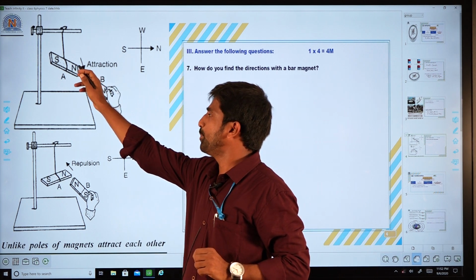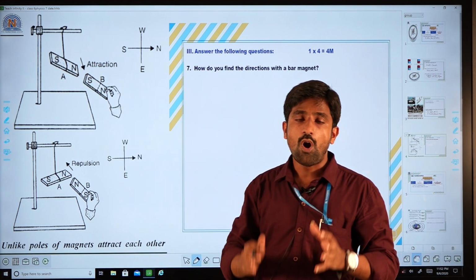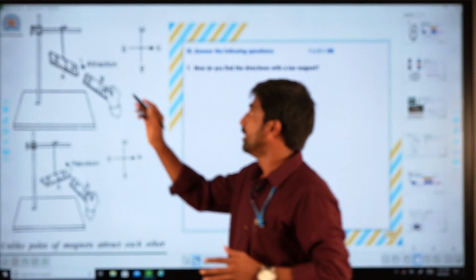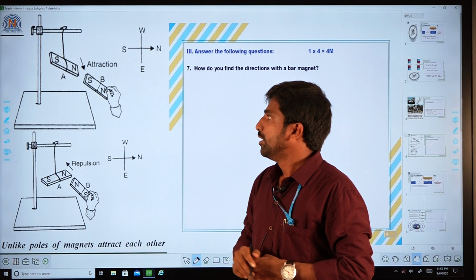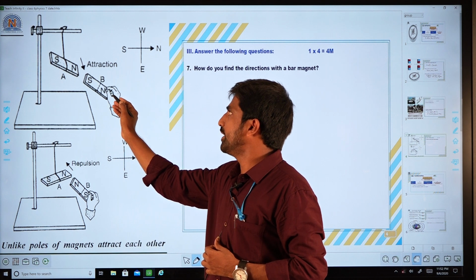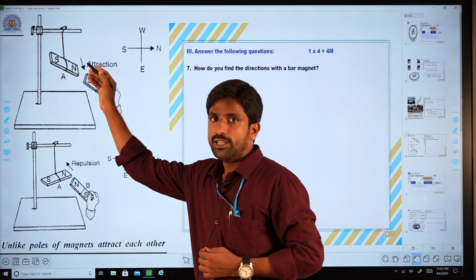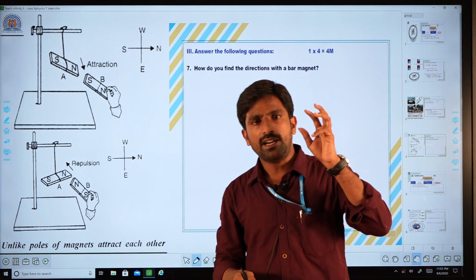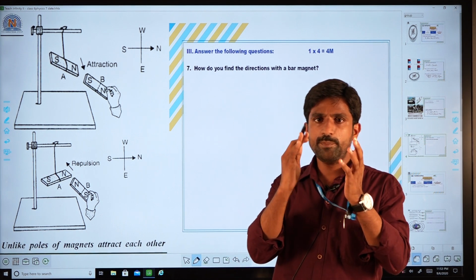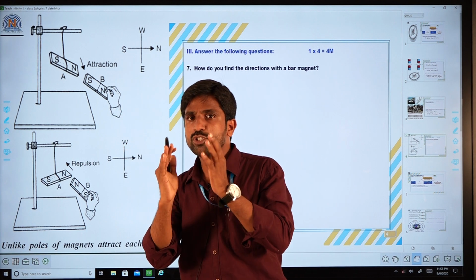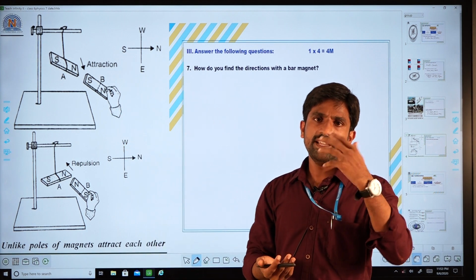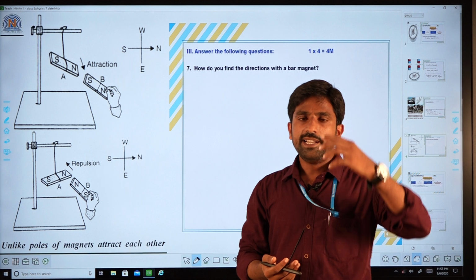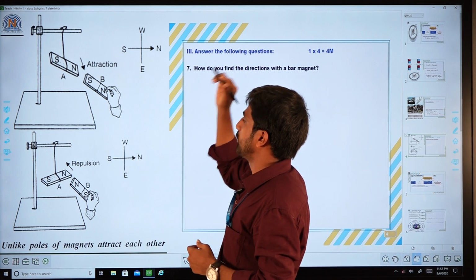The freely suspended bar magnet always shows the north and south direction. If you take another bar magnet and bring it close to the suspended bar magnet, the bar magnet either repels or attracts, so it is disturbed. After some time, it again shows the north and south direction only.